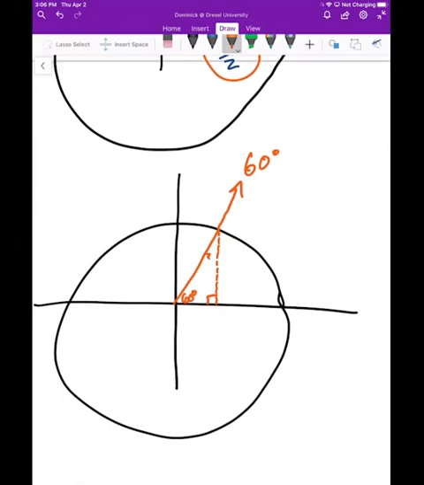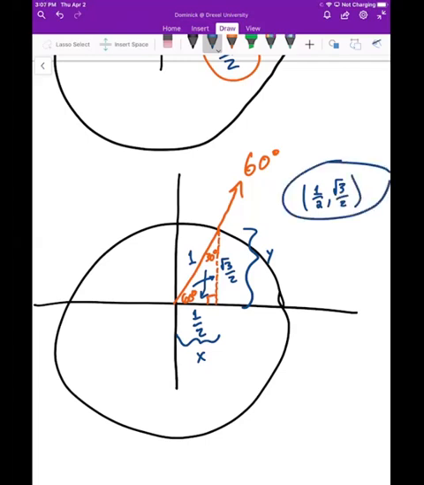That leaves us that this has to be a 30-degree angle. Again, the radius of the circle is 1, so that's this hypotenuse. Across from the 30-degree angle, I have 1/2. Across from the 60-degree angle, I have square root of 3/2. But again, this is just my y value, and this is my x value. So this coordinate is 1/2 comma square root of 3 over 2, and that corresponds to 60 degrees.